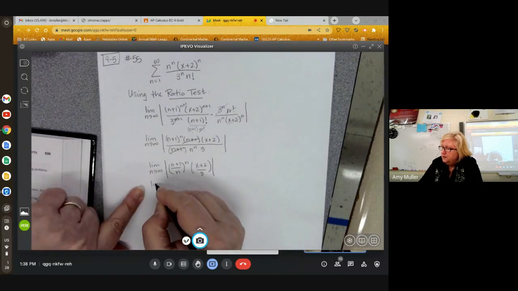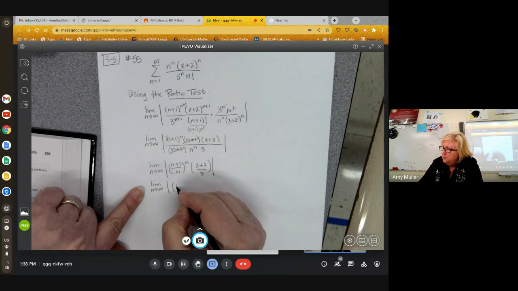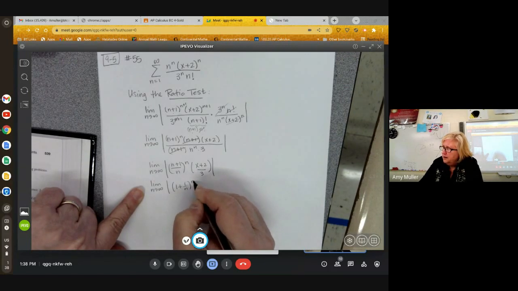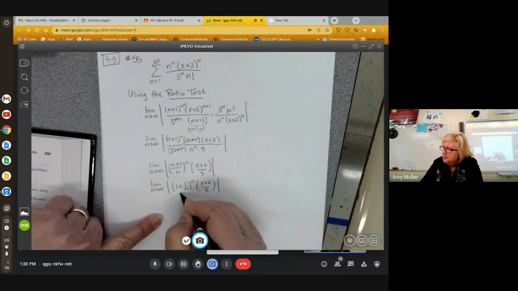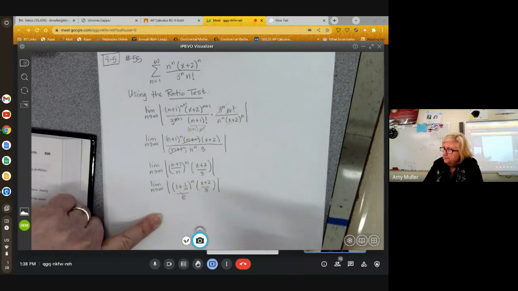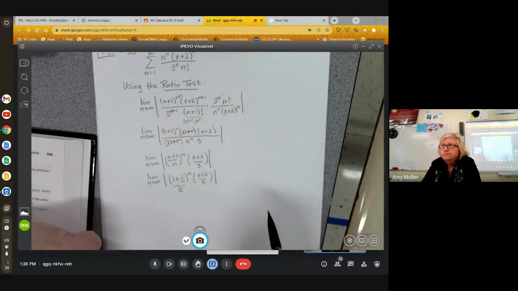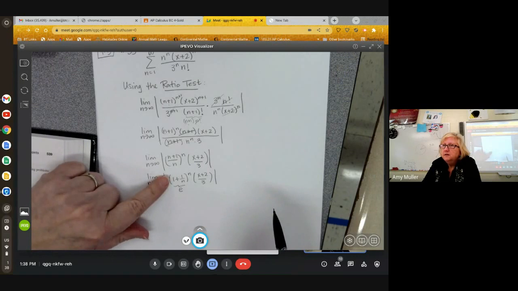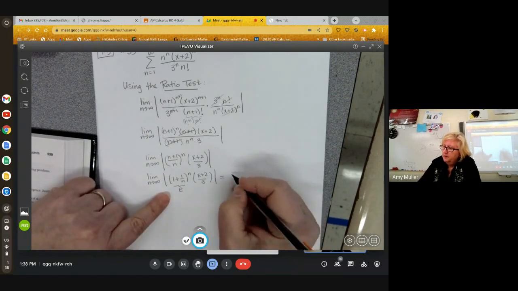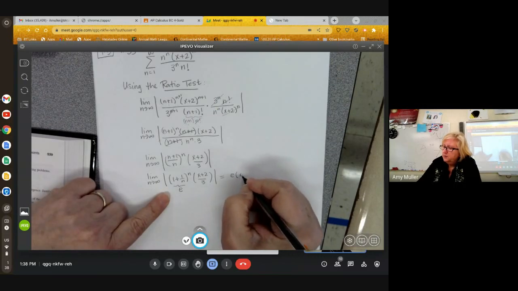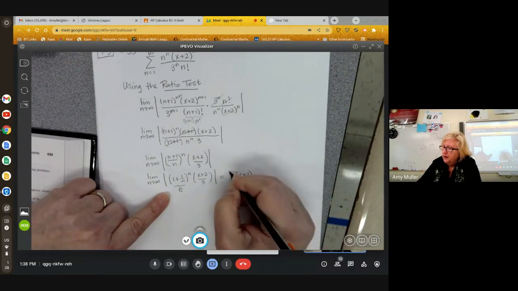But I'm going to rewrite this little gem as 1 plus 1 over n to the n. That's one we should know. This is e. So this limit then is e times x plus 2 over 3, absolute value.